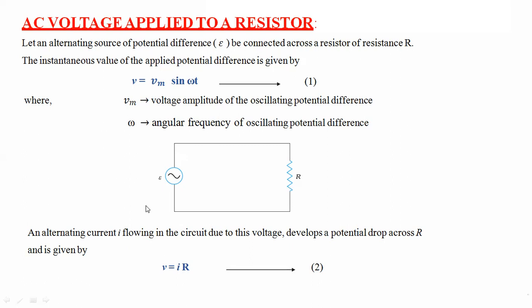An alternating current i will flow through this resistance due to the voltage source, and will develop a potential drop across resistance R.